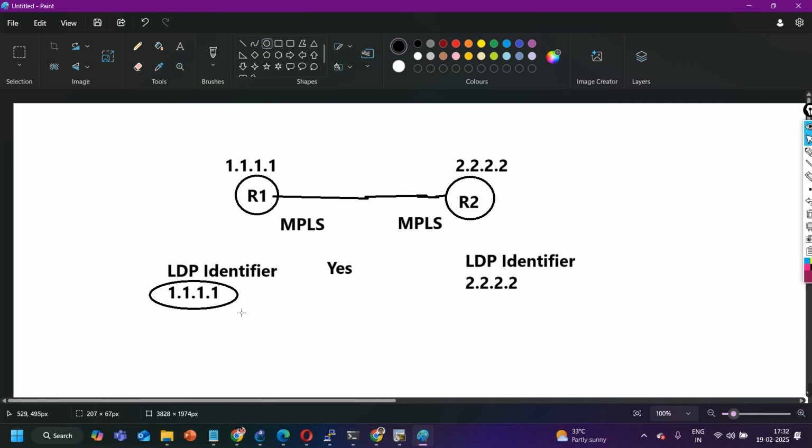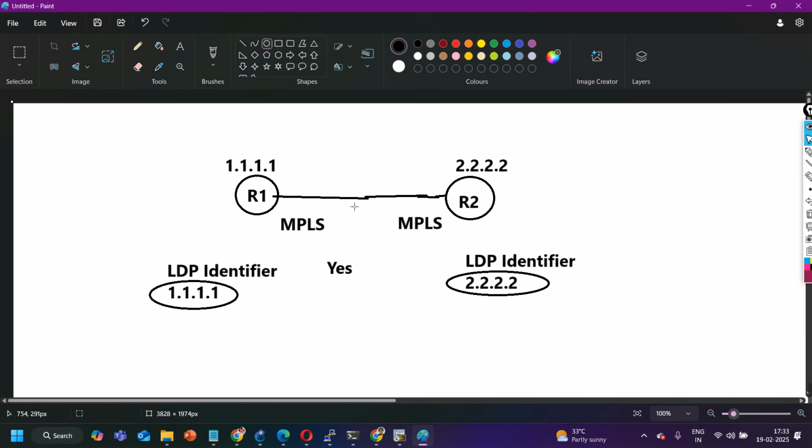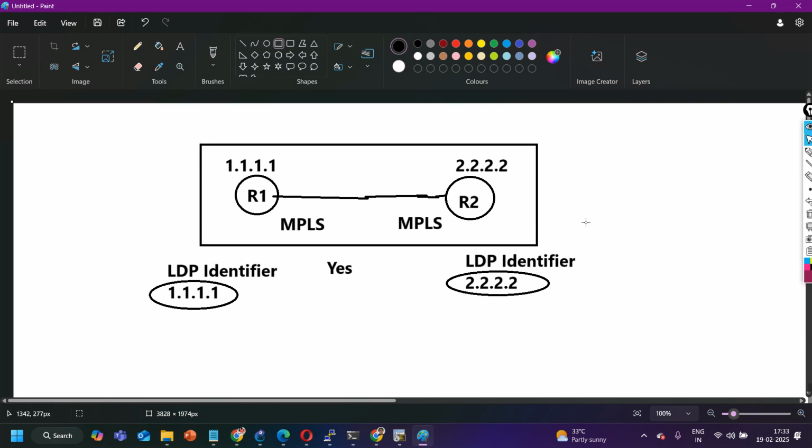Because before sending LDP messages, it is going to exchange TCP messages, SYN, SYN plus ACK and ACK, right? And the source is going to be the LDP router ID. If you want to form LDP neighborship, you have to configure any IGP protocol. You have to make reachability between 1.1.1.1 and 2.2.2.2. You can configure a static route, or you can configure a dynamic routing protocol, which is better.